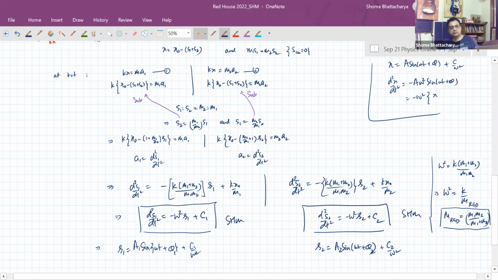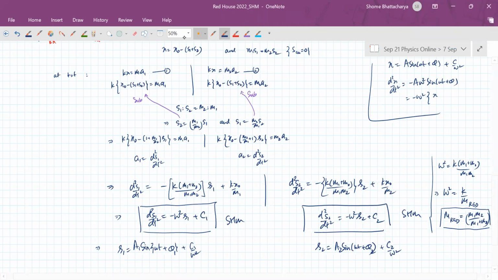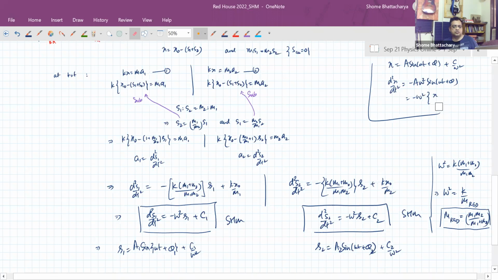Can you scroll up? Yeah, I'll scroll up just a second. Okay, this also comes with a minus sign only, with a plus sign. So this comes with a minus sign here.